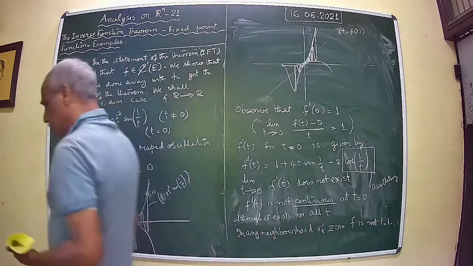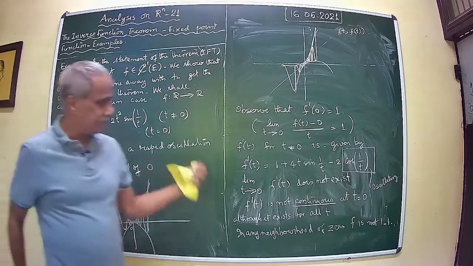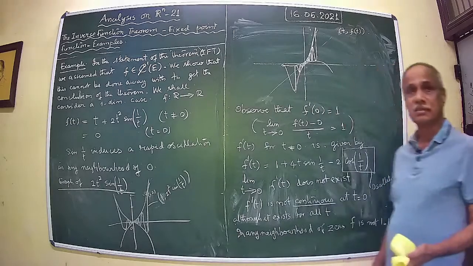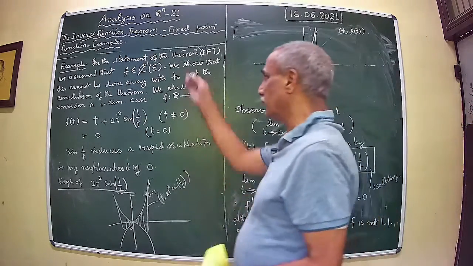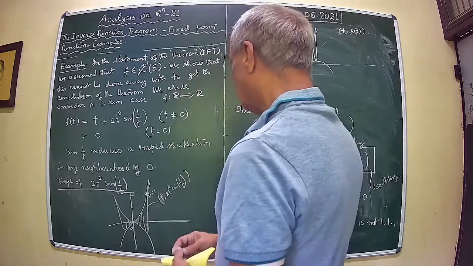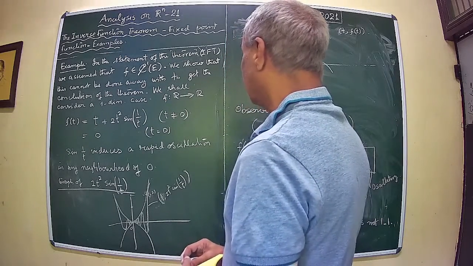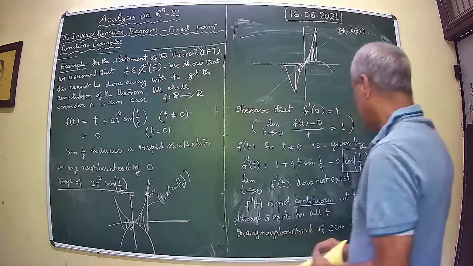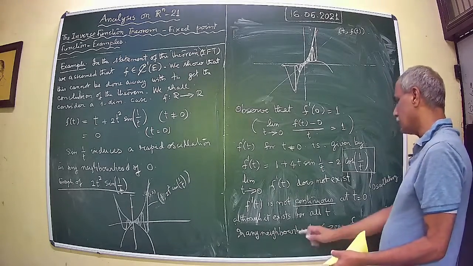So this shows that the continuity of f dash is equally important in getting the result in the inverse function theorem valid. Why is it not so?